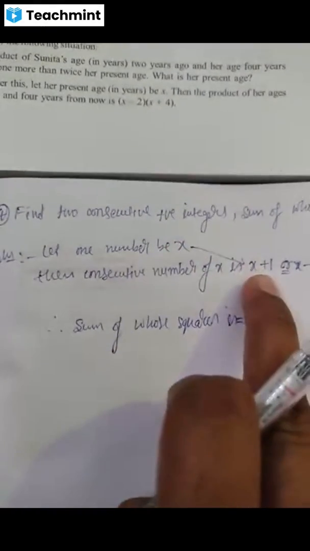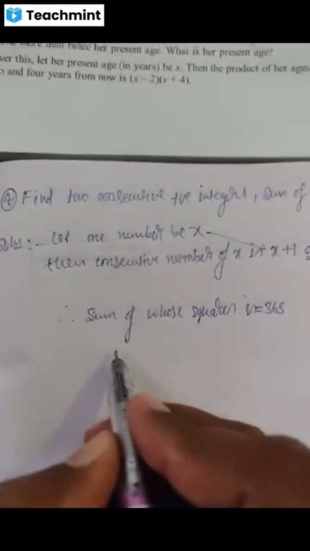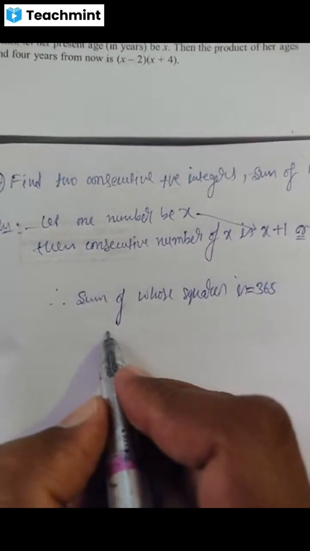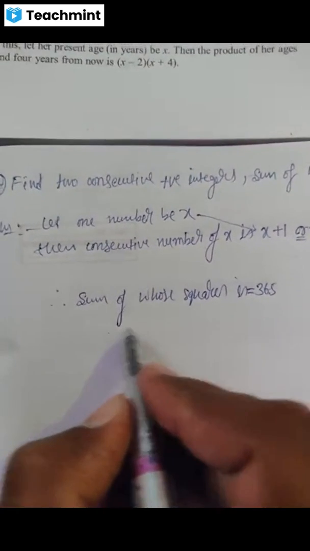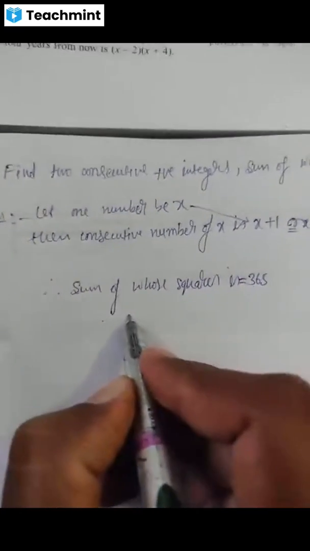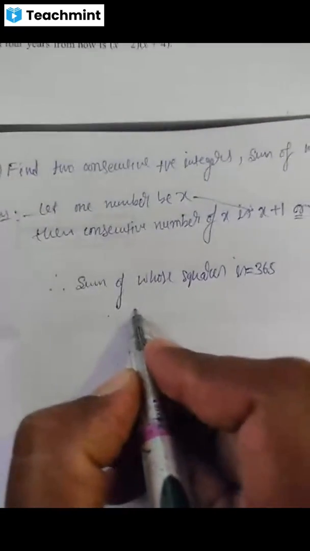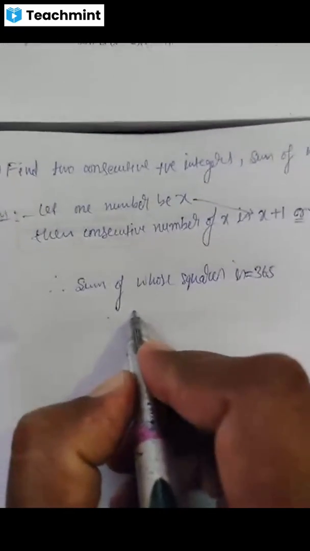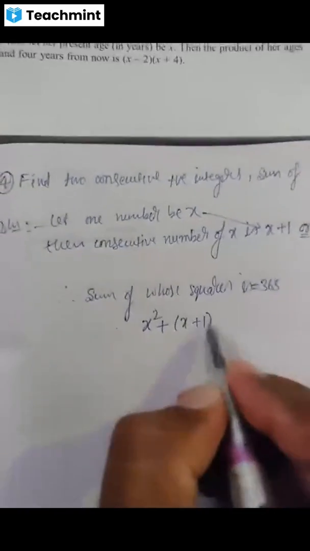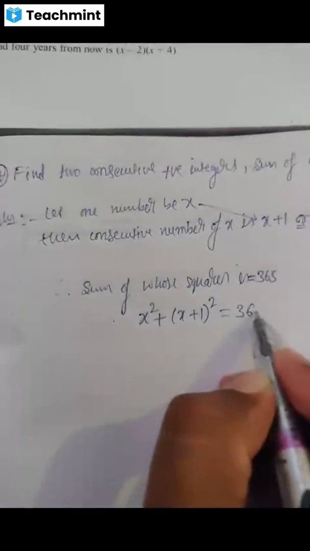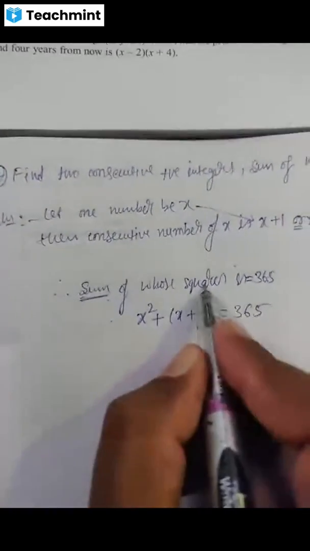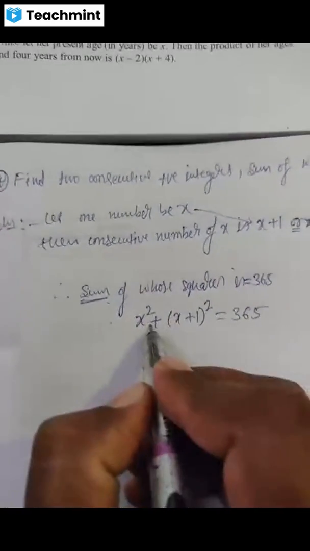How will you write these? Individually we have to square and then add. Okay, x square plus (x plus 1) square is equal to 365. See, it is given sum of whose squares, meaning we have to sum the squares.